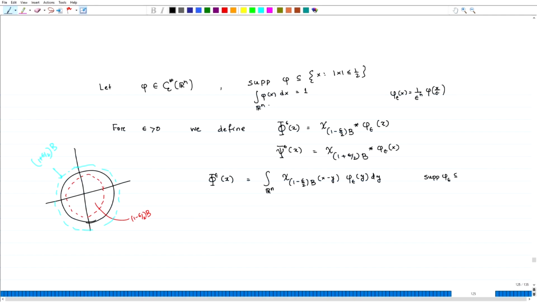The support of phi epsilon is going to be the set of all x such that mod of x by epsilon is less than half. This is nothing but the set of all x such that mod of x is less than epsilon by 2. That is what the support of phi epsilon is going to be.